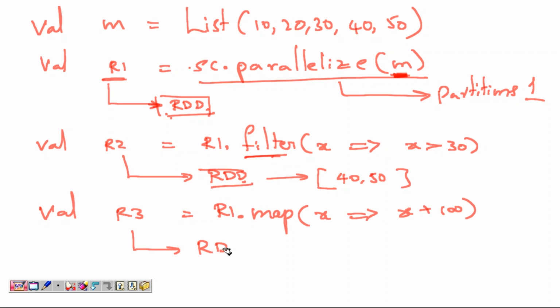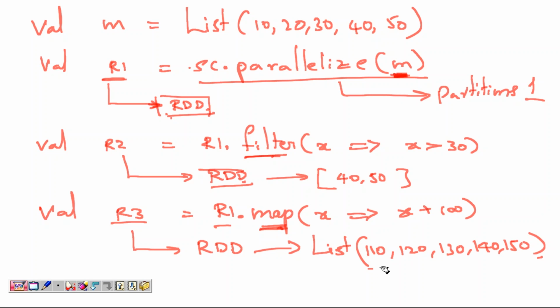Now R3 will also be an RDD because we applied our map transformation over an existing RDD. That's why another RDD will be returned. The result is again a list, where for each element we are adding 100, so you will get 110, 120, 130, 140, 150 like this.